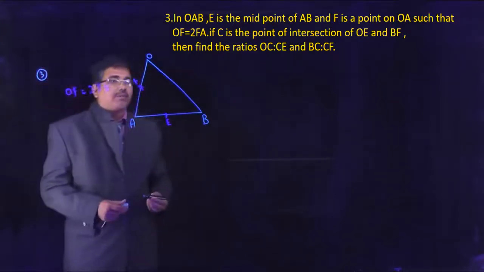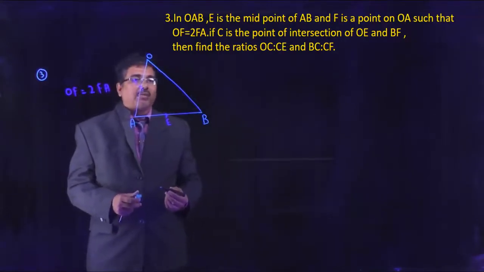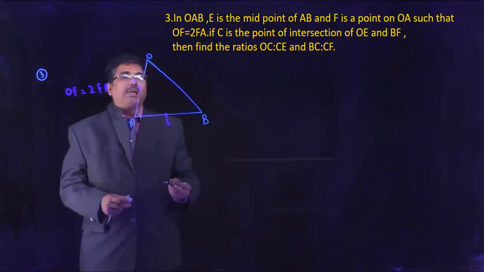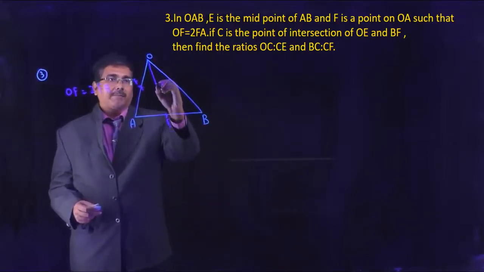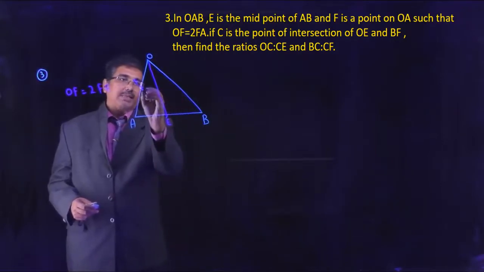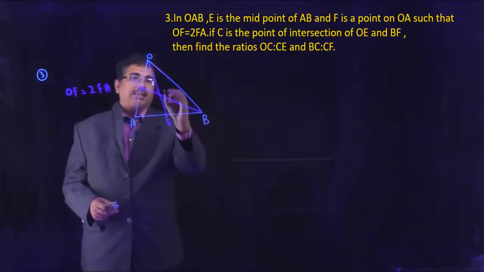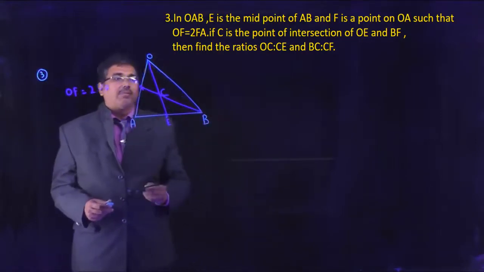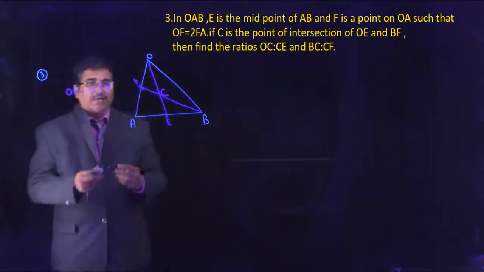Right. If C is the point of intersection of OE and BF. Okay, this is OE, and this is BF. C is the point of intersection of OE and BF.